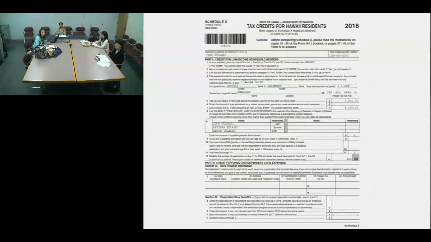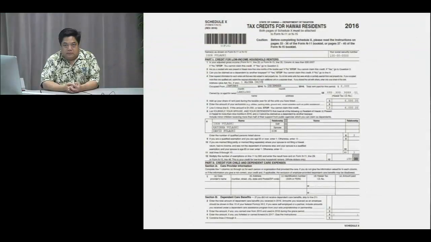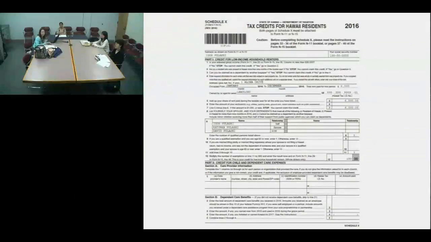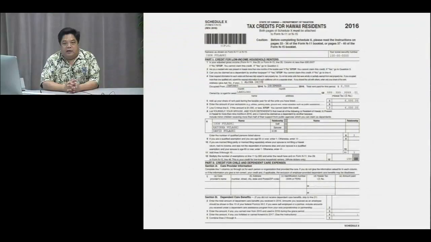I'm still F1, and my income is all from Hawaii. Right. So if you're F1 and you still remain F1 for 2016, then you're a non-resident for Hawaii purposes, even if you're a resident for federal tax purposes.